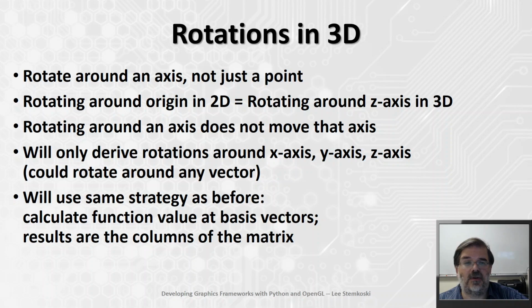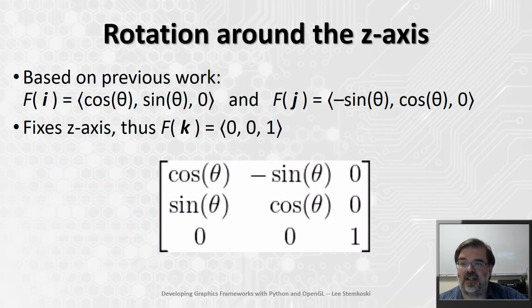So we'll start off with rotation around the z-axis because we've actually done most of the work for that already. Again, we know that rotation around the z-axis fixes the z-axis. So that means that the basis vector k, which is 0, 0, 1, does not move. F of 0, 0, 1 is equal to 0, 0, 1. And that gives us the 3rd column in our matrix. We know that the z components will not change. So f of i, remember i is 1, 0, 0, that last 0 in the z position does not change.